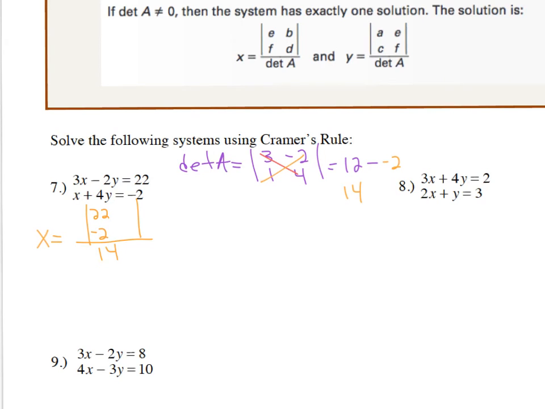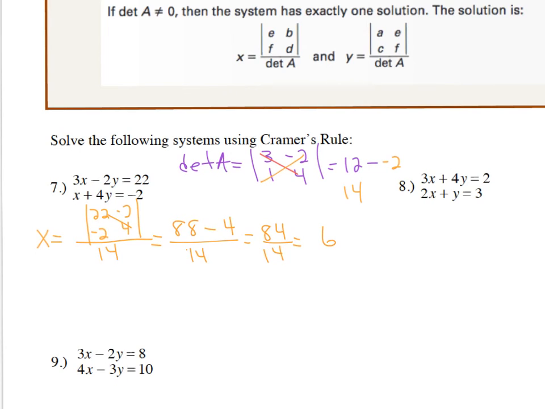And then I'm going to keep the negative 2 and the 4 that are next to the y, the coefficients of the y's. So finding the determinant here, we would have 88 minus 4. 88 minus 4 is 84. 84 divided by 14 is 6. So your x value would be 6.